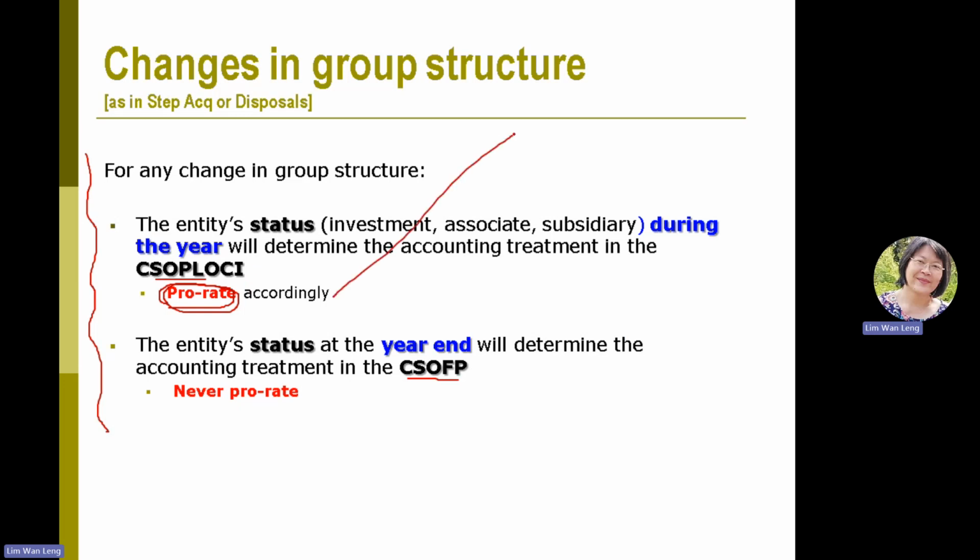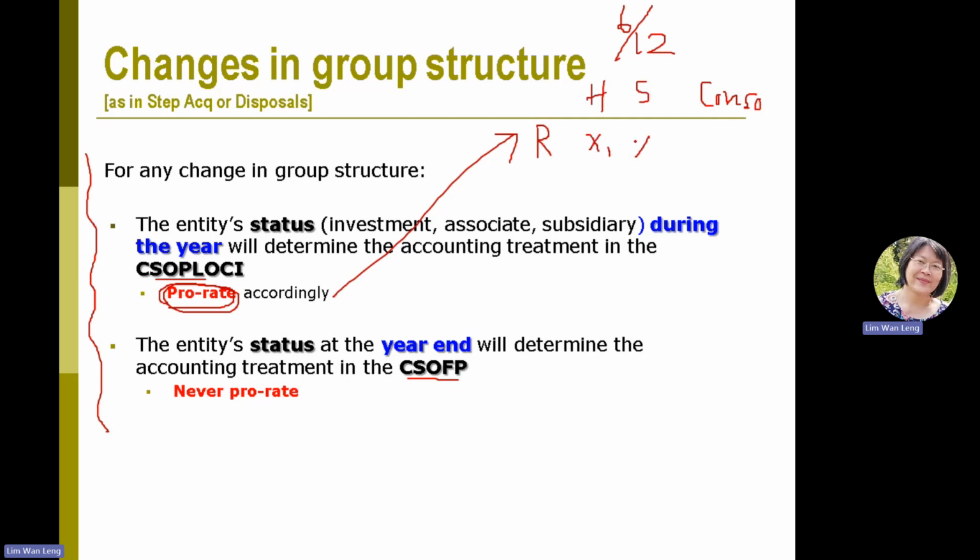Pro rata means what? If you pro rata your revenue, okay, let's say you have holdings, you have subsidiary, this is your console. Okay, let's say for example, subsidiary status only for 6 months into the year. So holdings figure, let's say X1.